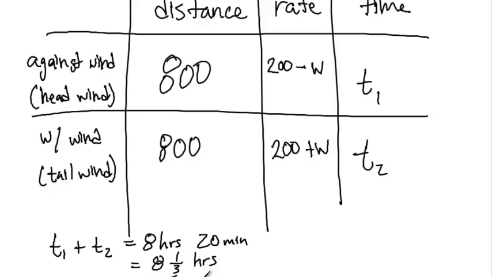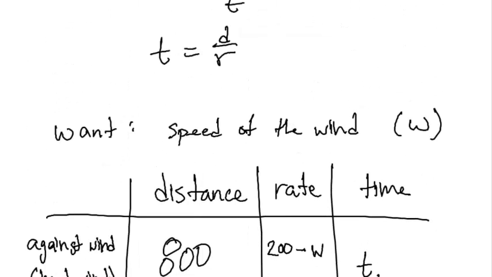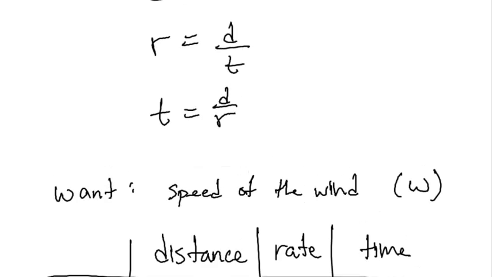Now we still don't have an equation yet, but if we remember these little relationships that we had here, these guys, we have total time, so we want to use this one, where time is distance over rate.